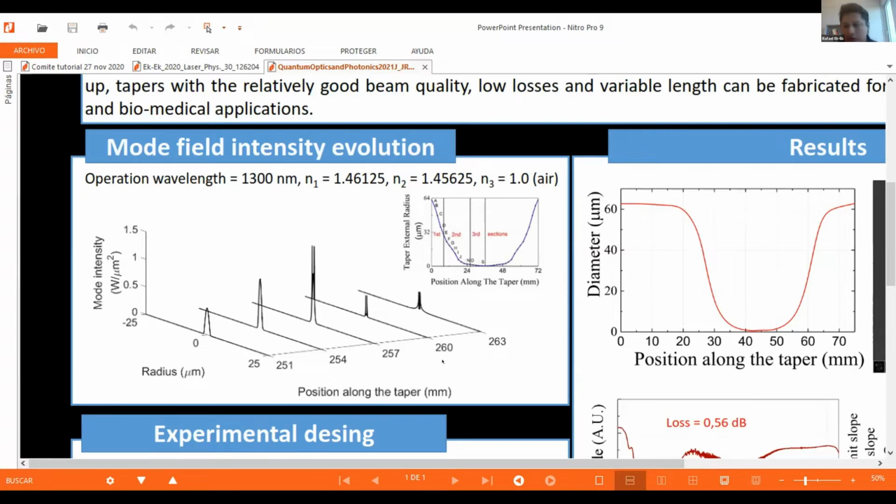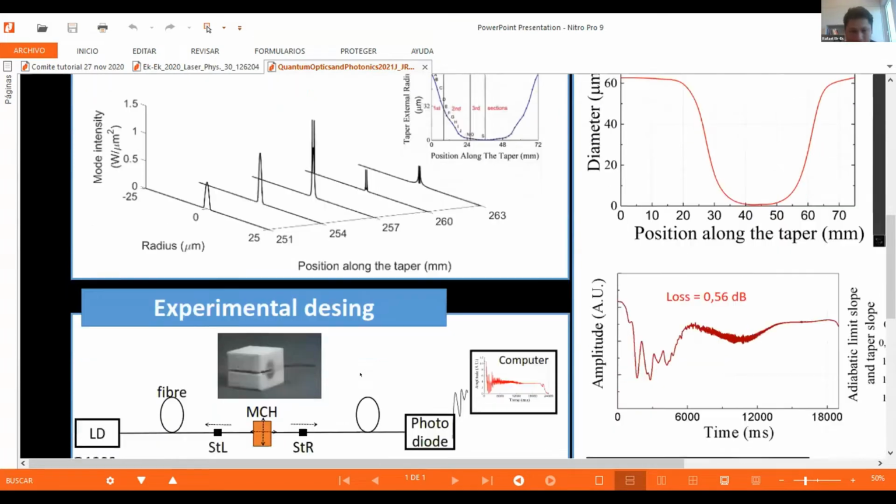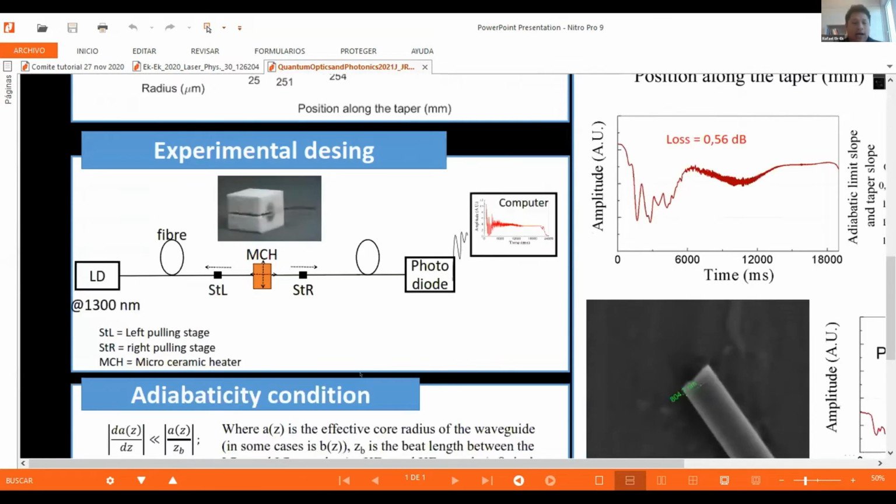Also, we simulate the spot size, the central peak intensity, and we check if it's adiabatic or not in this simulation. This is the experimental design that we are using to pull the fiber.